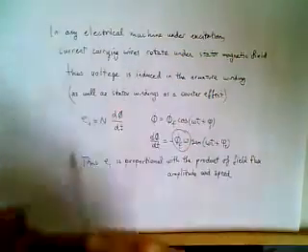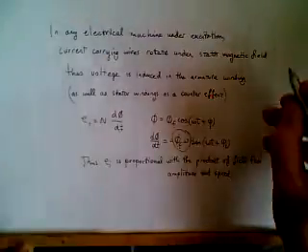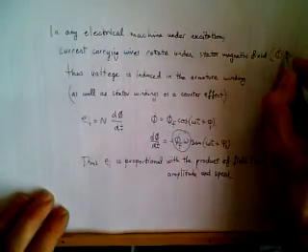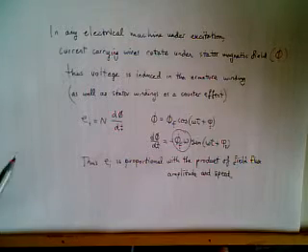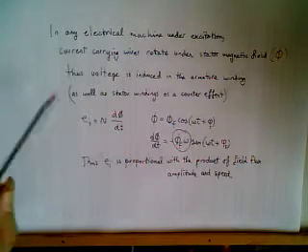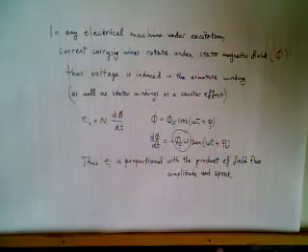So in any electrical machine under excitation, current carrying wires rotate under stator magnetic fields. Thus voltage is induced in the armature winding. Of course, at the same time, voltage is induced in the stator windings as a counter effect.